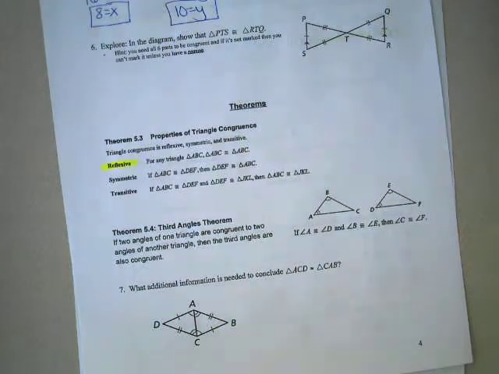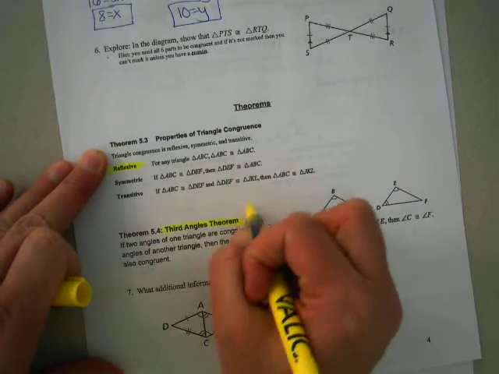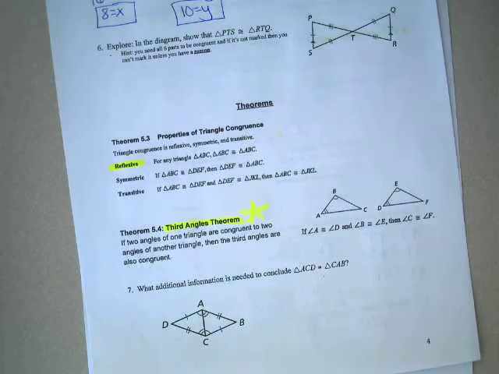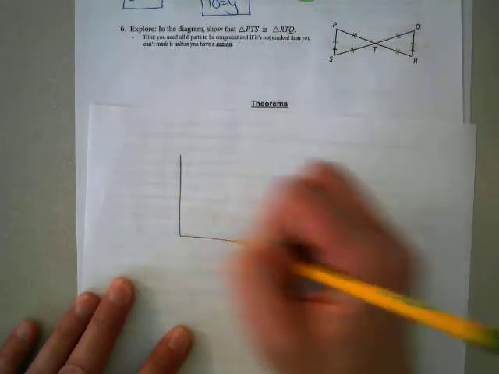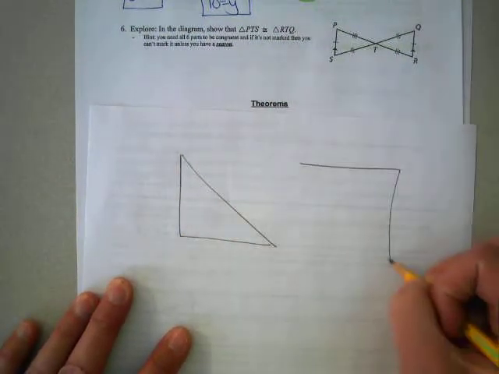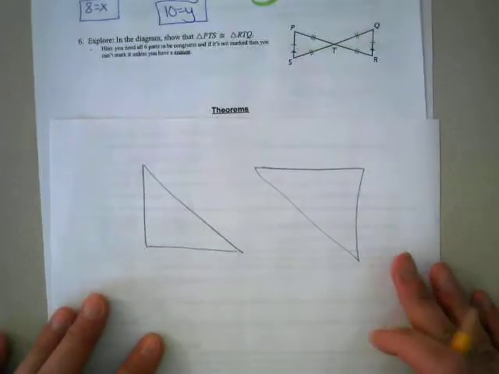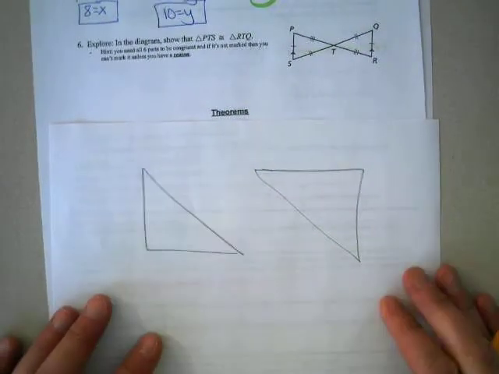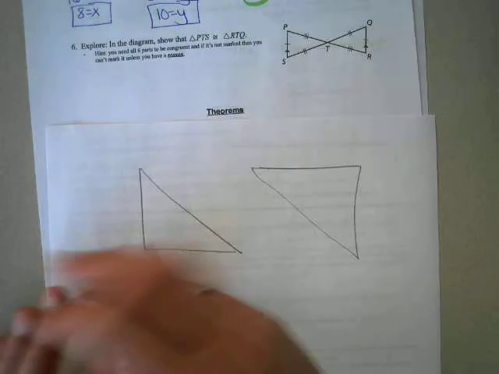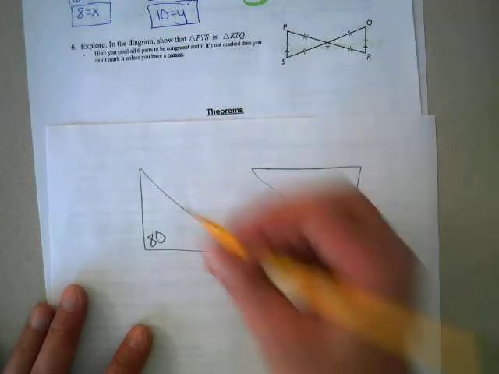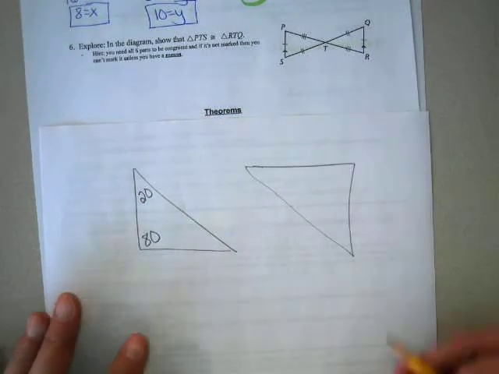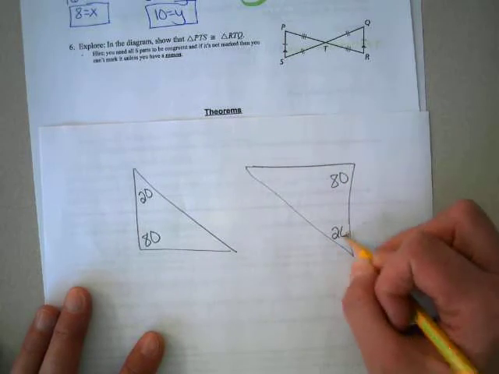This other one, third angle theorem, is definitely one you need to know. Third angle theorem, to me, almost should be a corollary. Okay, so let's say I give you a triangle. Let's say this may not be 90. I was just trying to draw them so that they look equal. Let's say that this is 80 and this is 20. And let's say this angle is 80 and this is 20.